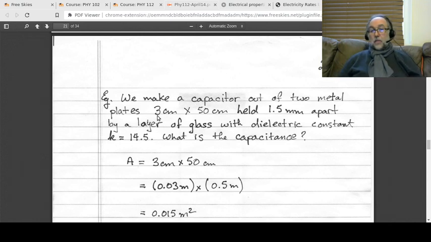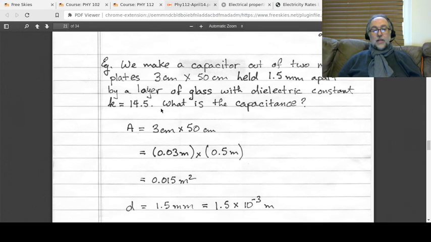So the metal plates here are 3 centimeters by 50 centimeters, and they're held apart from one another, very close, 1.5 millimeters apart, and we're going to put glass between them. This is a special glass which has a dielectric constant of 14.5. There are no units; it's dimensionless. So what's the capacitance? Well, let's start off.